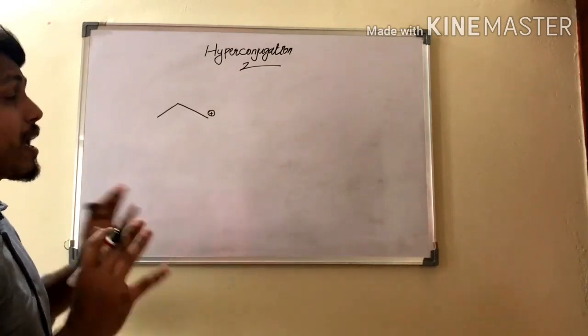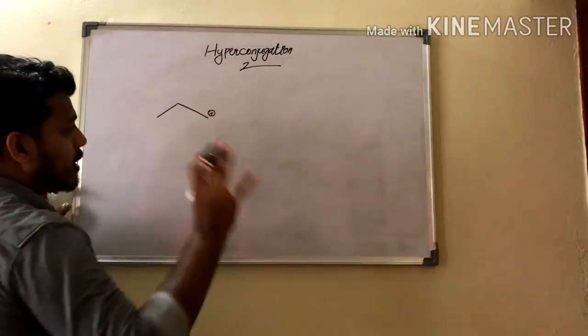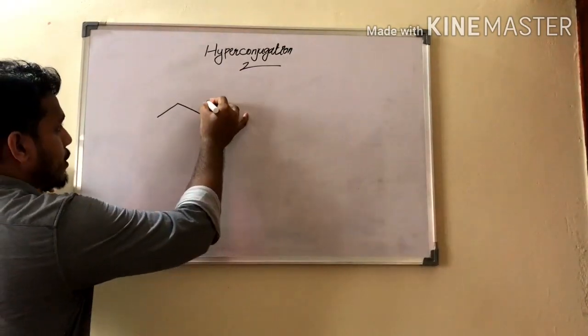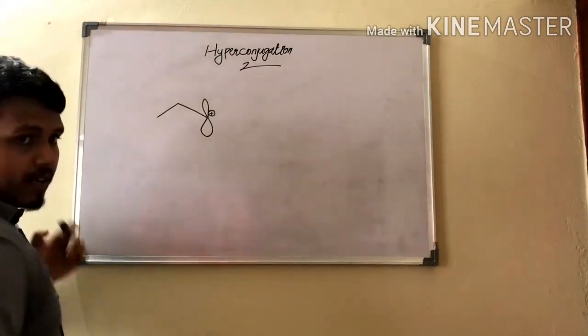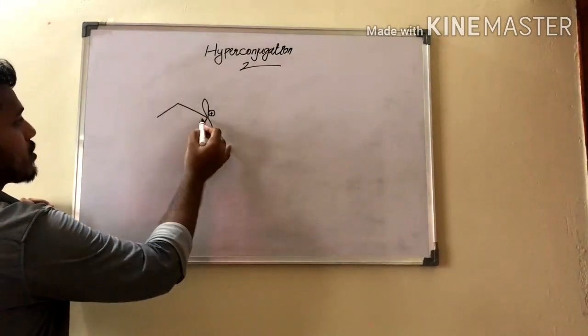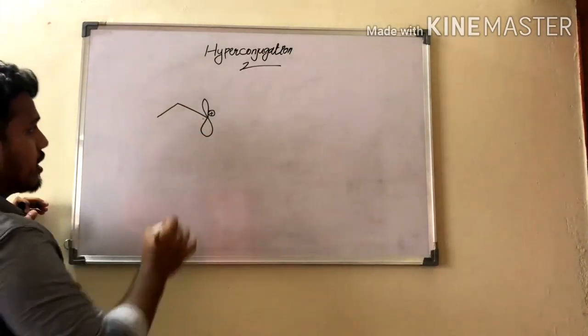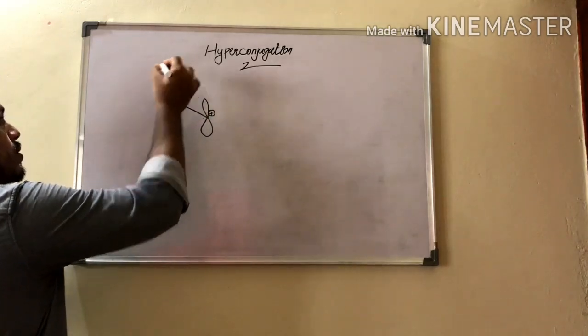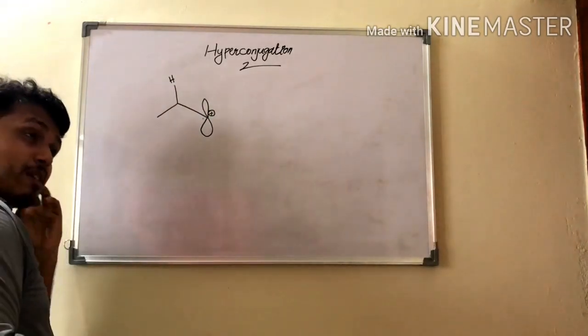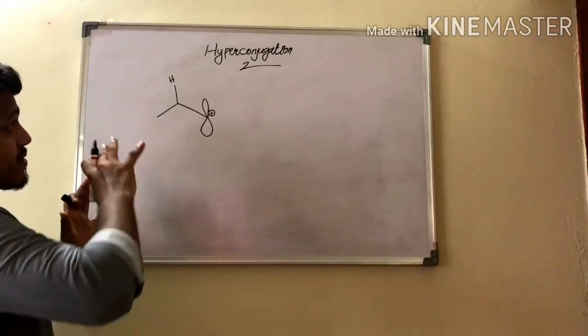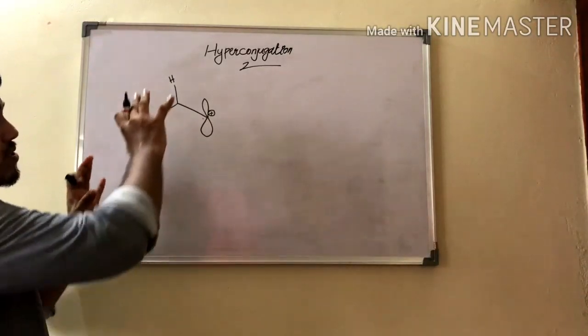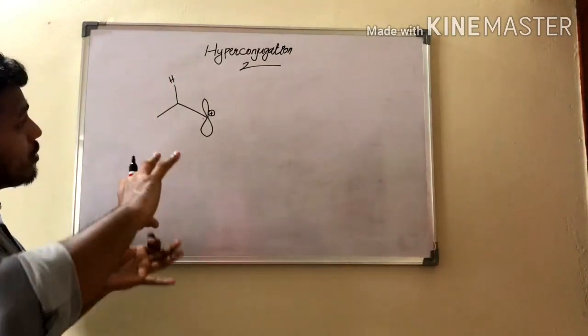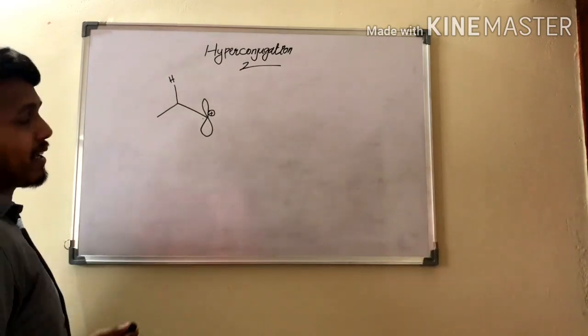So what do you mean by hyperconjugation? In a carbocation you can see a vacant p orbital, right? The second position, that is the alpha position, you can see hydrogen. ഇവിടെ രണ്ട് ഹൈഡ്രജൻ ഉണ്ടാവും. So hyperconjugation is nothing but the delocalization of sigma bond, or the conversion of sigma electron to pi character.